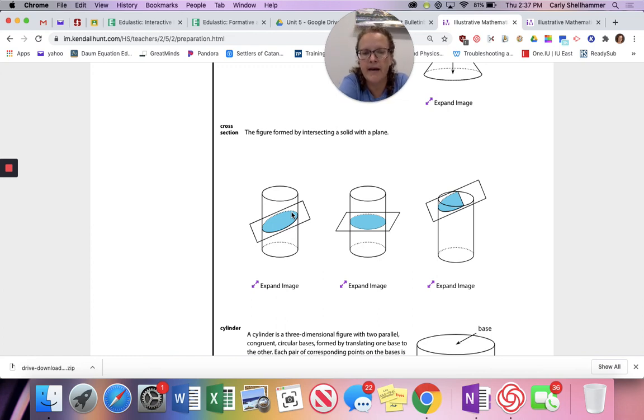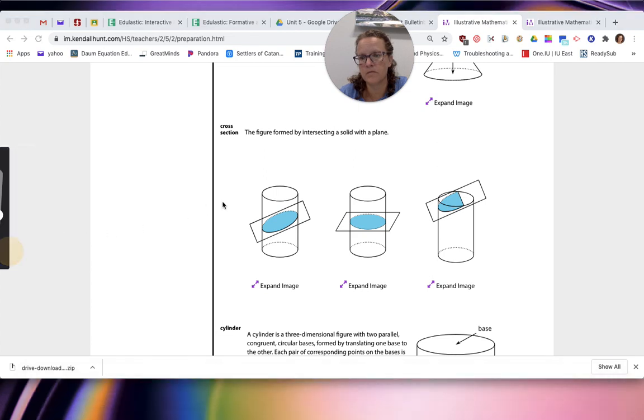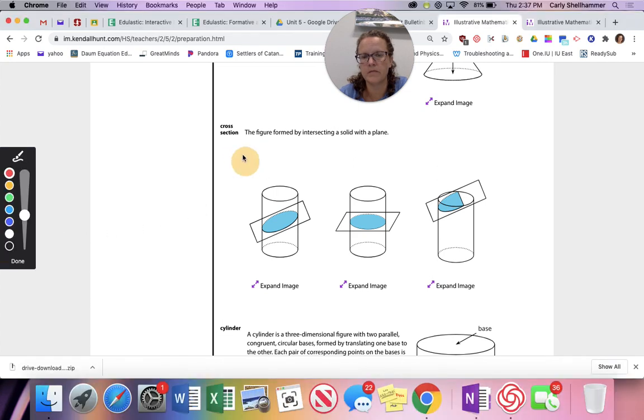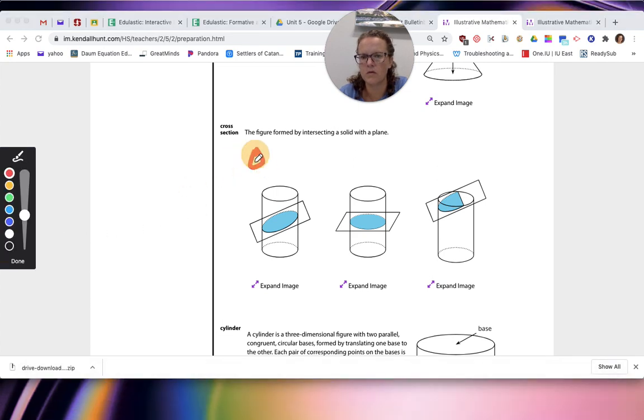So here I have a cylinder with 3 different cuts. Here, the shape of this is not circular. It is an oval. Here, this one is a circle.